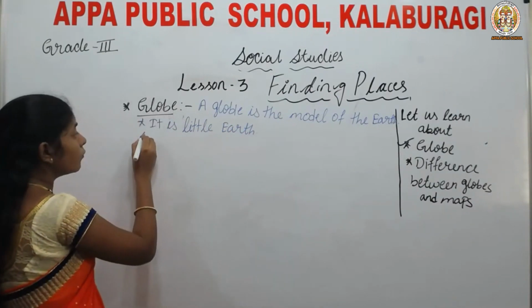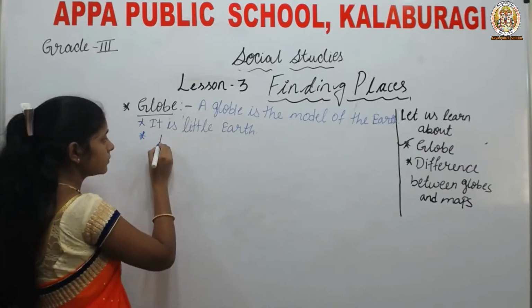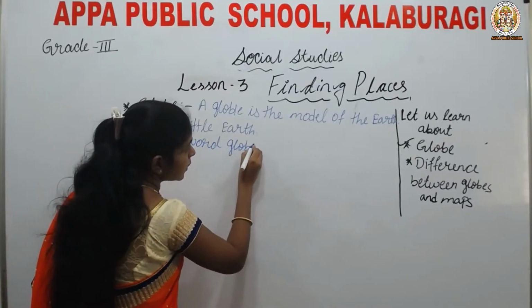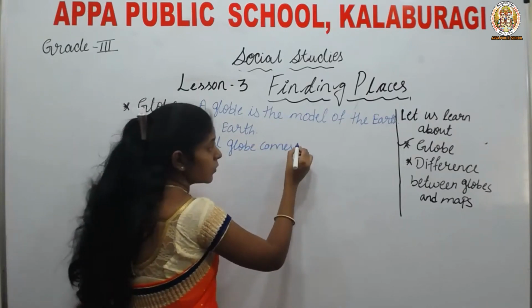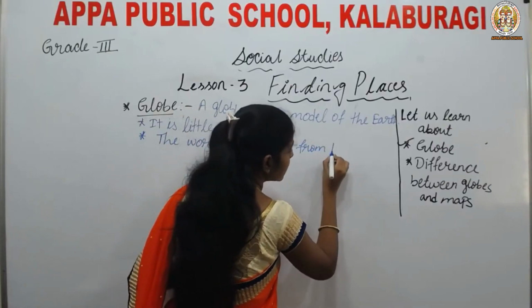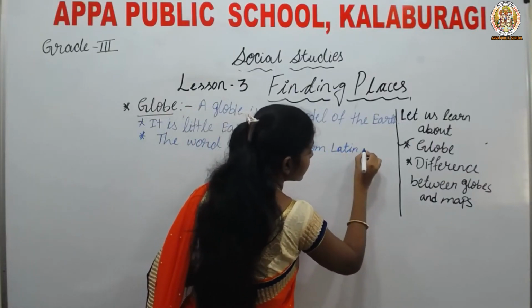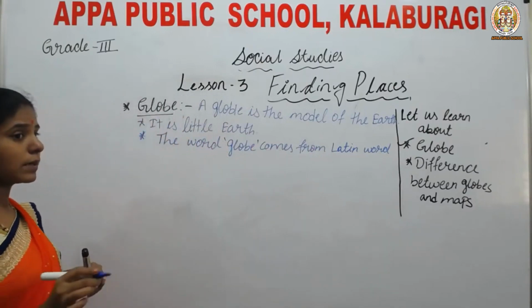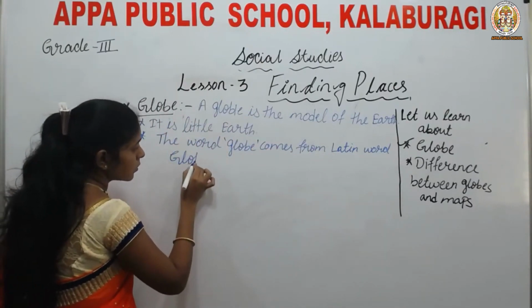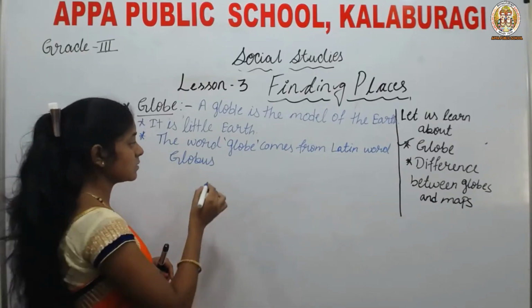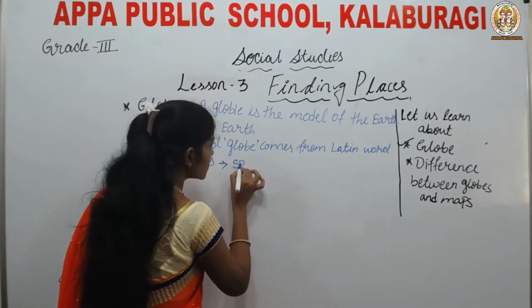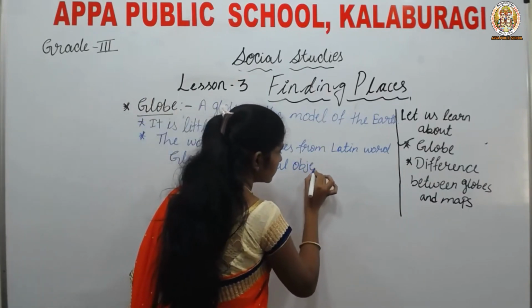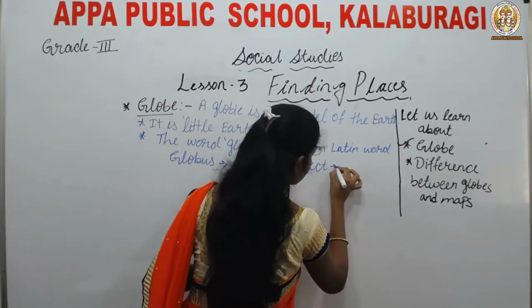The word globe comes from the Latin word globus, which means a spherical object of rounded shape.